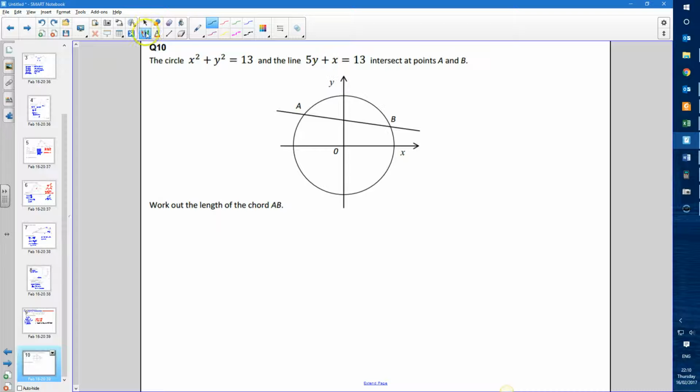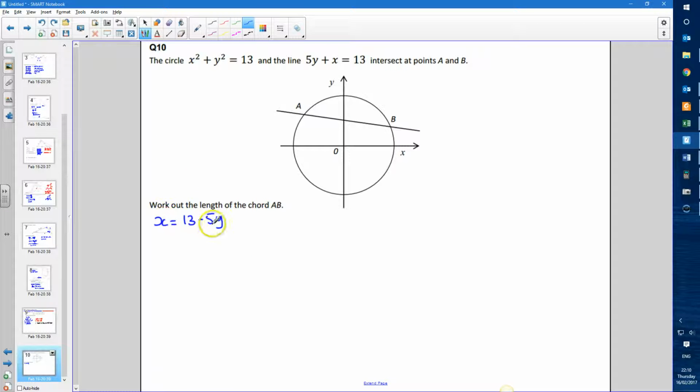So I know from the linear equation that x is going to be equal to 13 take away 5y.